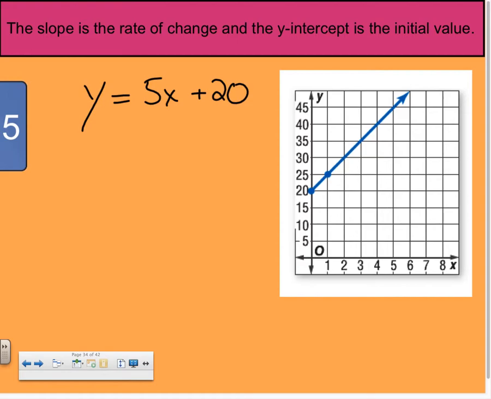Just by looking at this equation, someone tell me, what is the slope? Savannah. Very good. Somebody else tell me, what is the y-intercept? Trevor? 20. Now remember what they said about the y-intercept. It is an initial value. Well, what was the $20 for in this example?